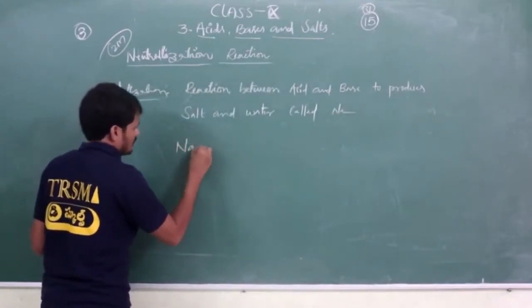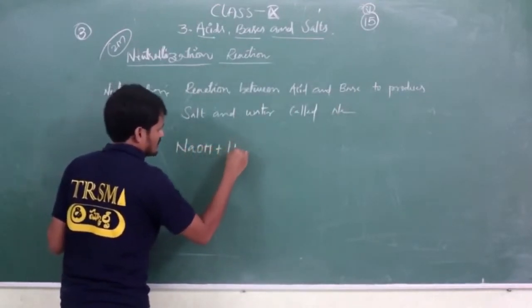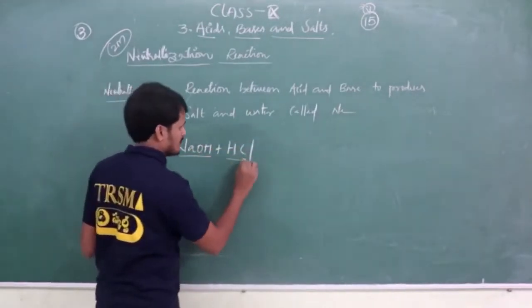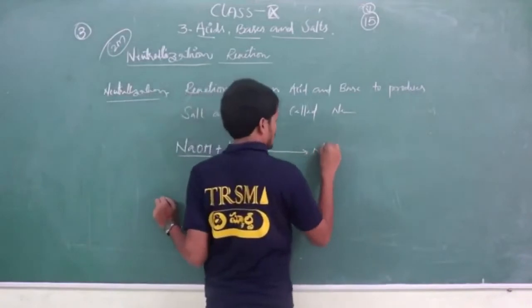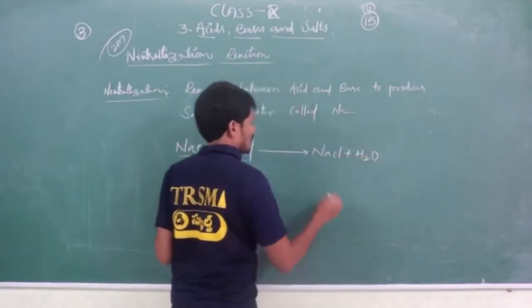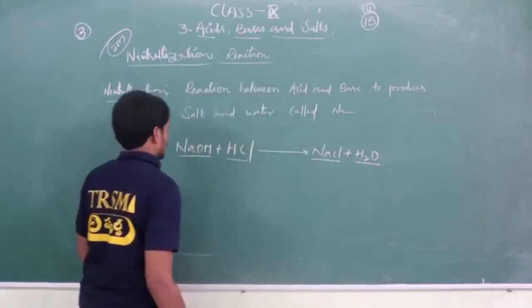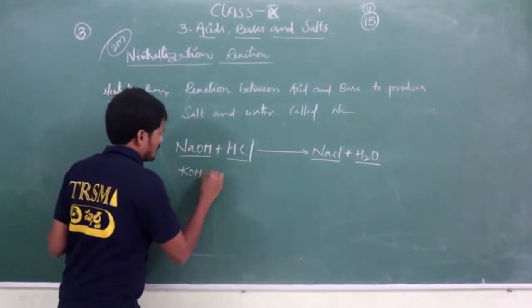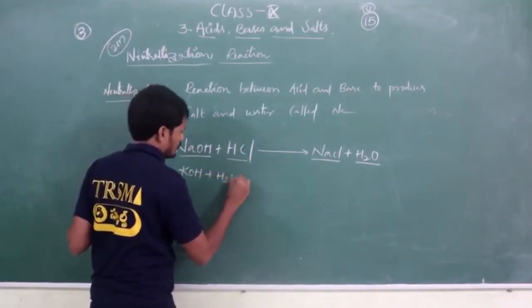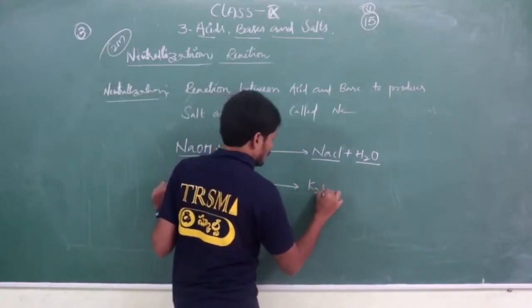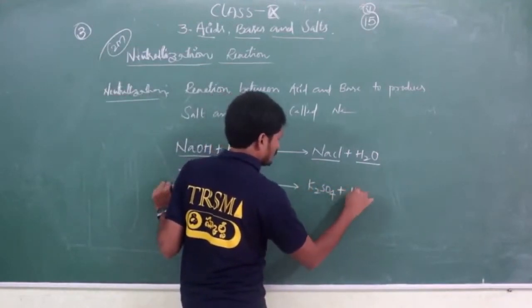Let's take an example here. Sodium hydroxide, NaOH, is treated with HCl. Sodium hydroxide is the base, HCl is the acid. In that reaction, NaCl plus H2O is liberated: salt and water. Let's take one more example: KOH plus H2SO4, sulfuric acid, gives K2SO4 plus water.